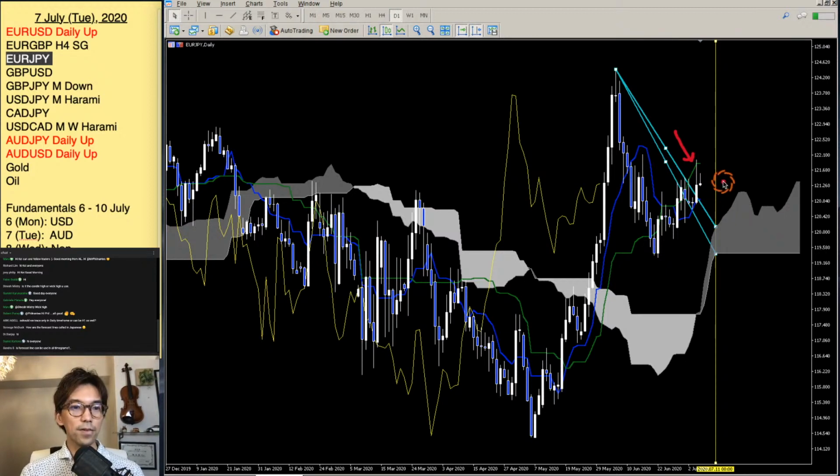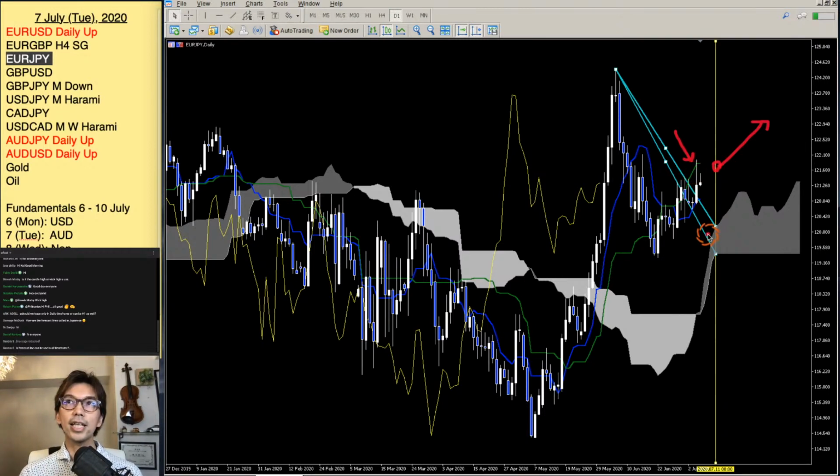And if you see the price at that time is above the Kumo and above the forecast lines, then you can expect that the market will go upwards afterwards. Again, not 100%, but this is something you can refer to.